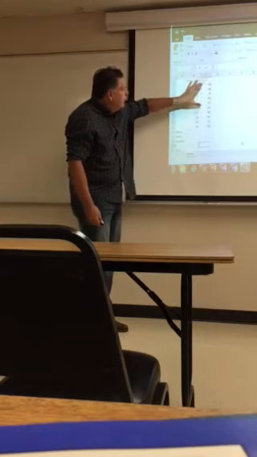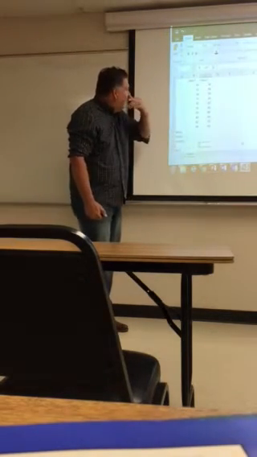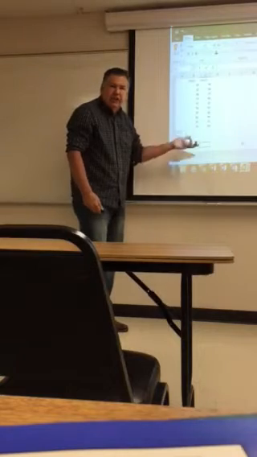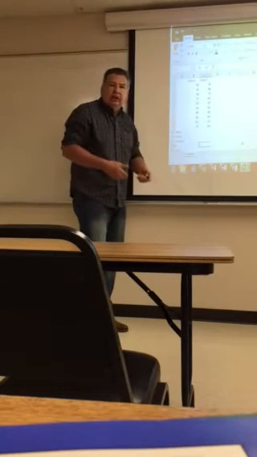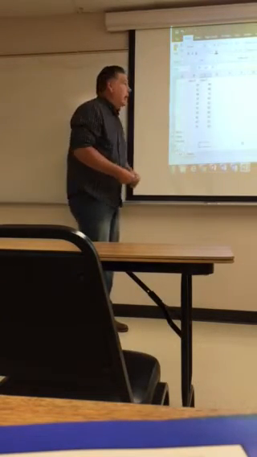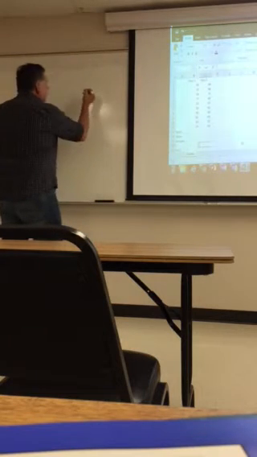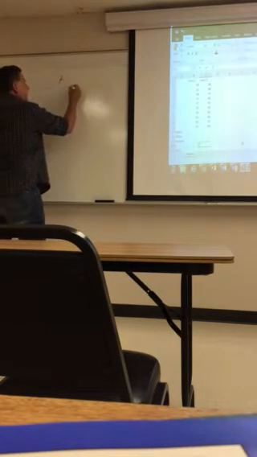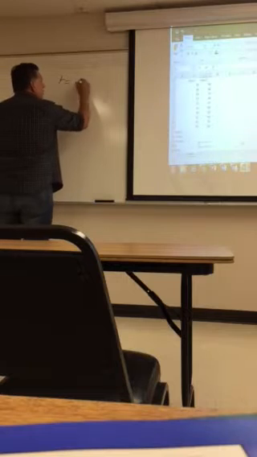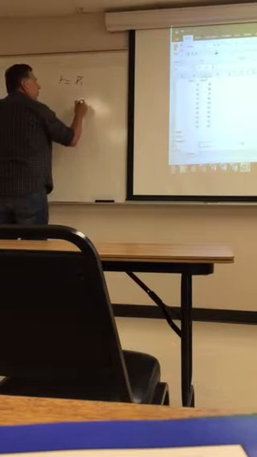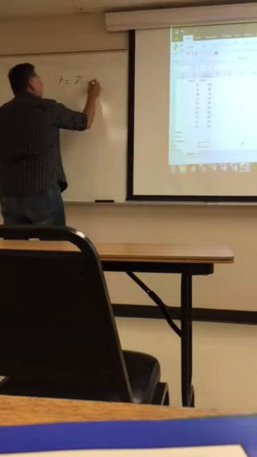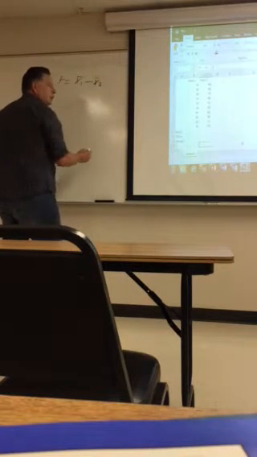So I've got these two independent samples, and now I'm going to compare the means, and I'm going to show you how to do this in Excel because it's really going to make your life a lot easier. So I'm going to use this particular test statistic. T is going to be equal to the mean of group 1, class 1, minus the mean of class 2.